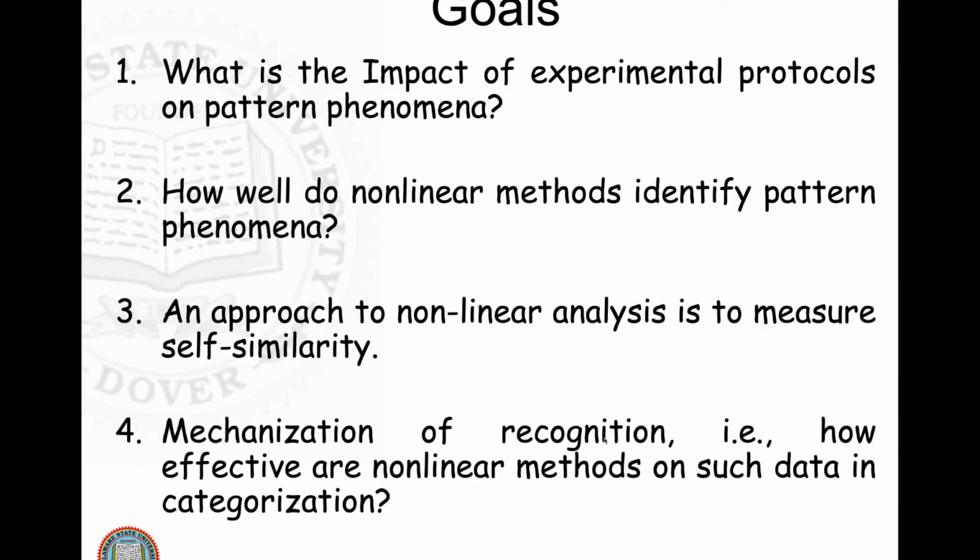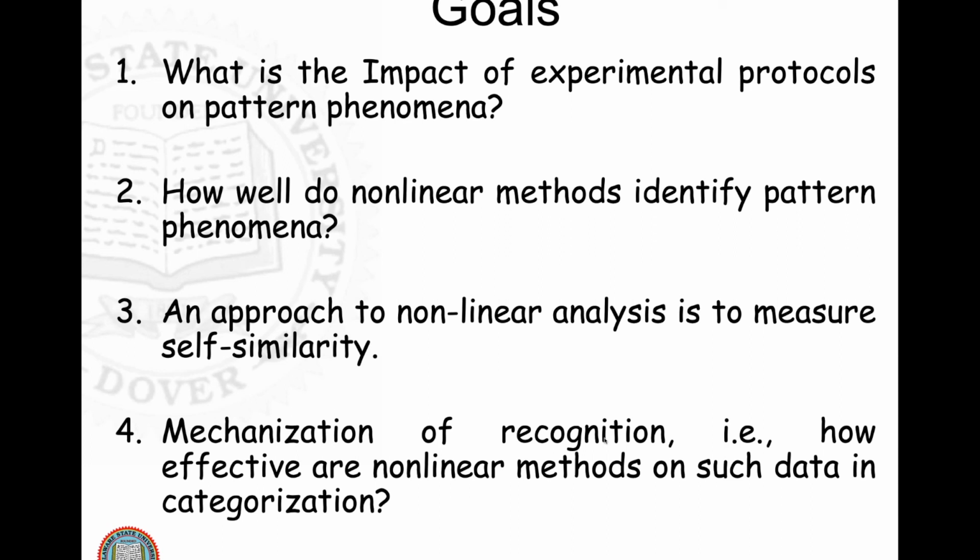And so some of the goals of this work: what's the impact of the experimental protocols on the pattern phenomena that we see? Certainly they have a vessel that they put these compounds on before they pulse a laser on them, and so we wanted to know if the experimental protocols were influencing the spectra. We wanted to know how well nonlinear methods identify the pattern phenomena coming from LIBS.